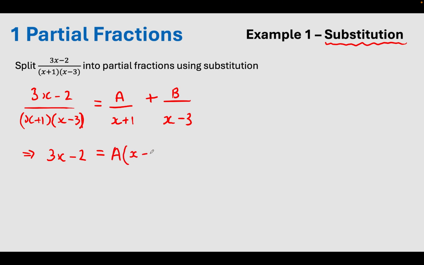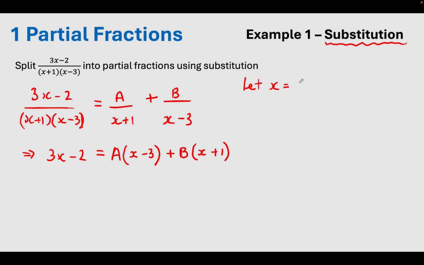So I get a times x minus 3 plus b times x plus 1. The goal of substitution is to eliminate the constants by substituting appropriate values in. If I want to eliminate the constant a, then I want it to multiply by something that is 0.